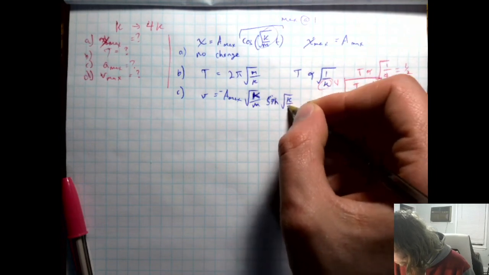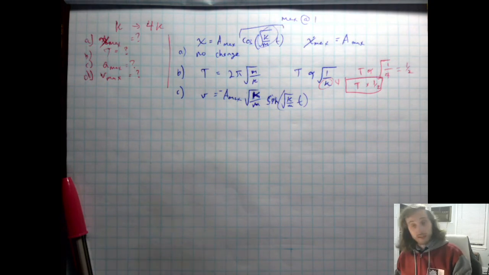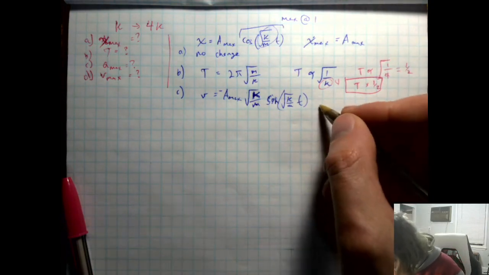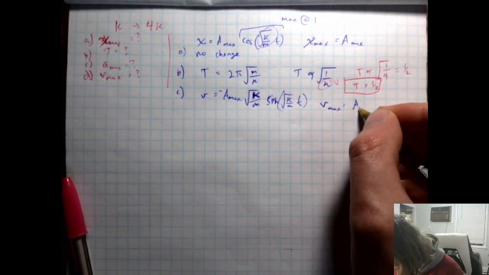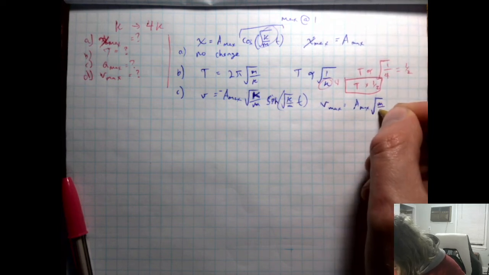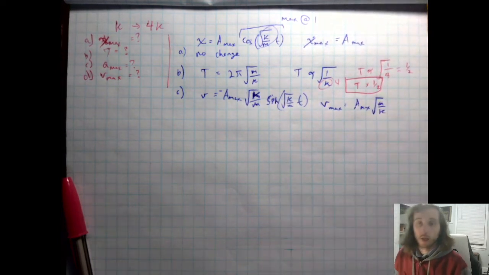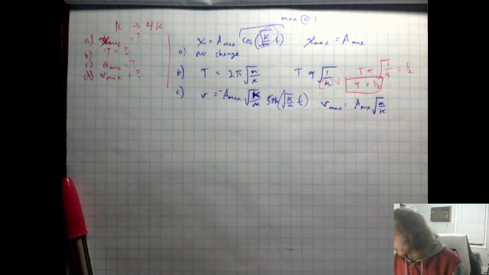Square root of k over m times t. Once again, sine cosine function isn't going to matter, just like for location. But the big difference here is that our velocity maximum will be equal to our amplitude times the square root of m over k. One place that this is coming from that you could also use to conceptually solve this, we'll deal with in a sec. For now, let's just finish out this way.